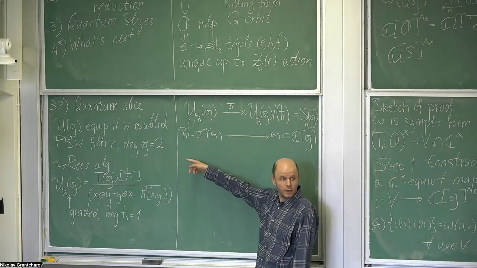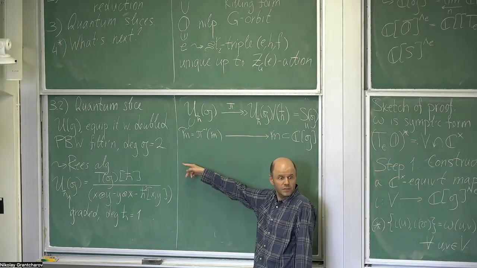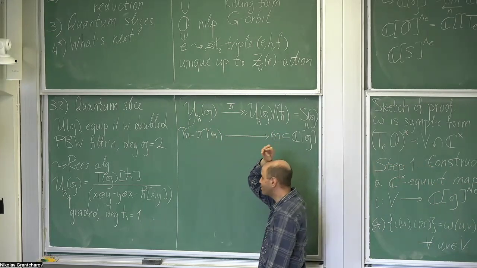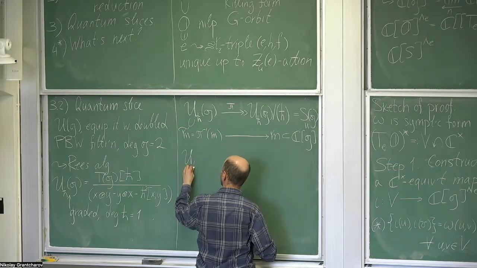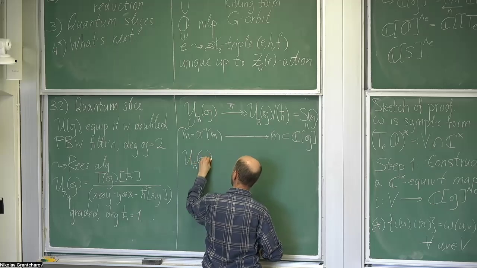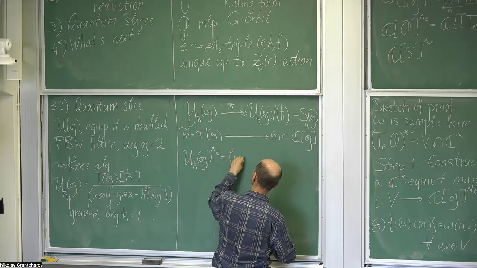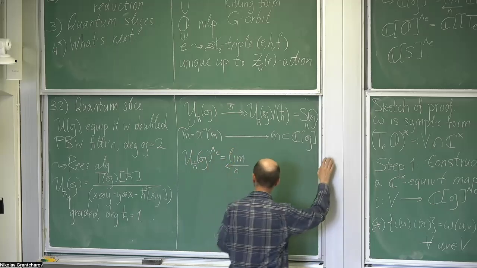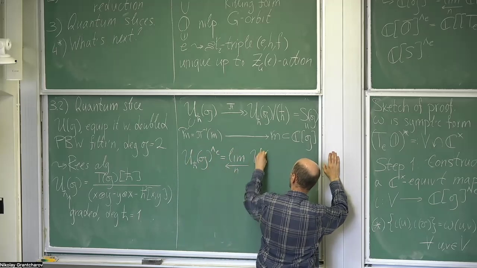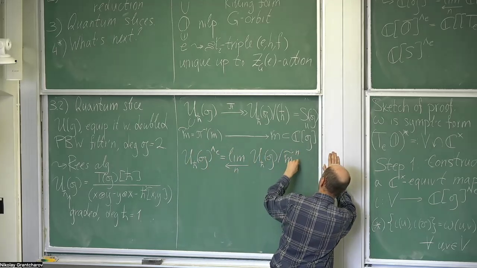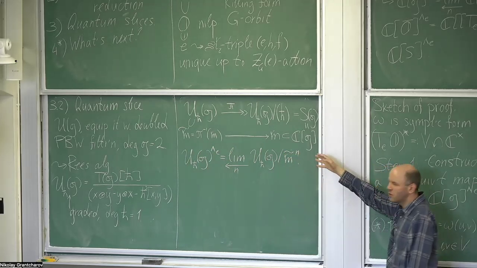I have a two-sided ideal. While it lives in a non-commutative algebra, I can use the same formula for completion as before. I define U h bar of g completed at E to be the inverse limit of the quotients of U h bar of g by the powers of m. That's a legitimate algebra.